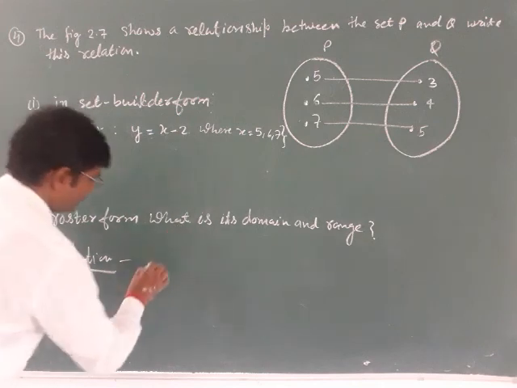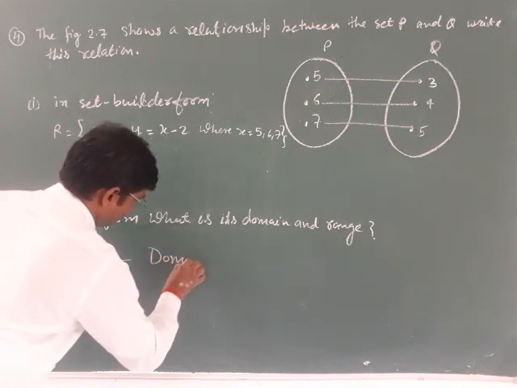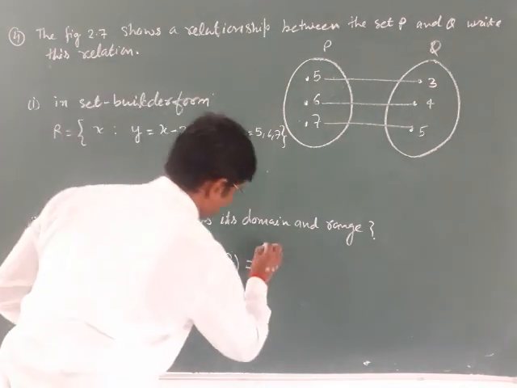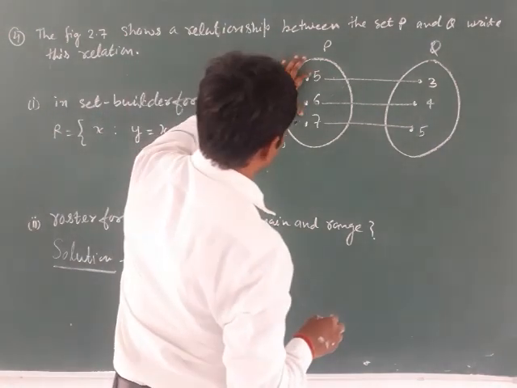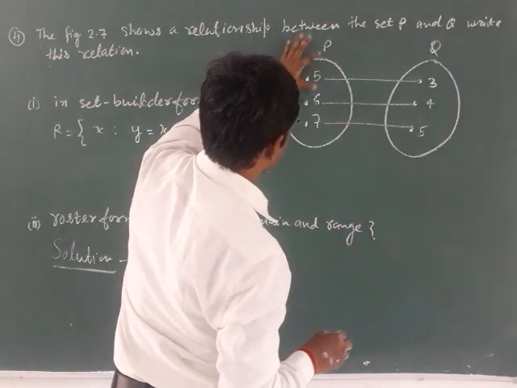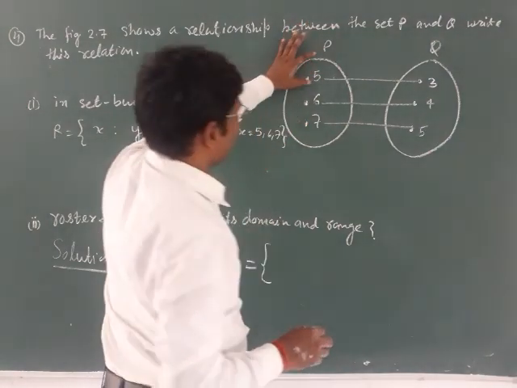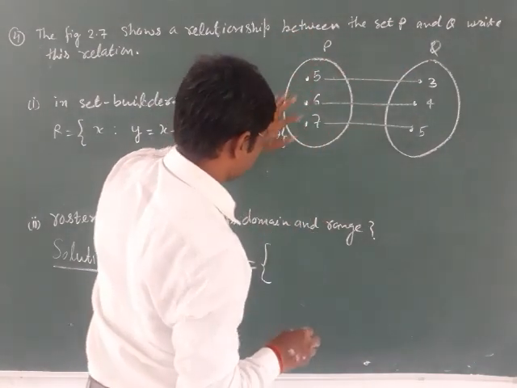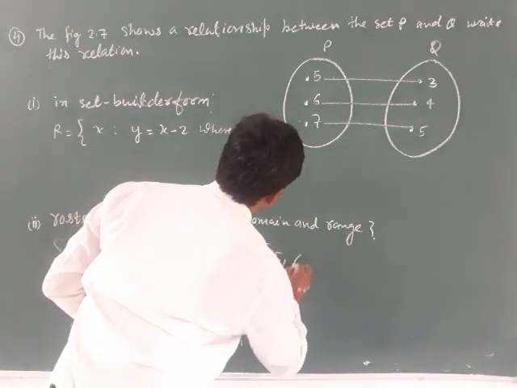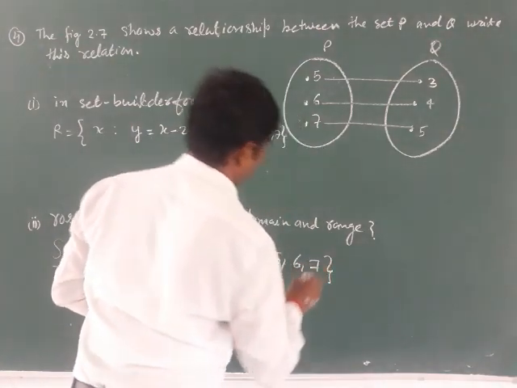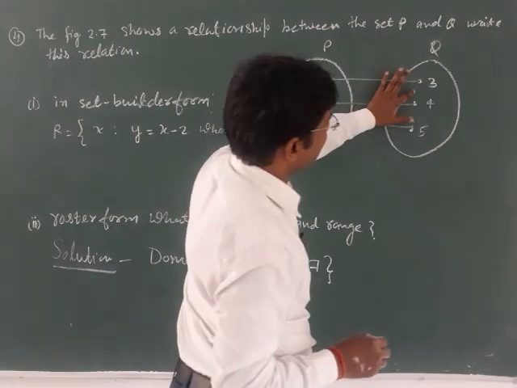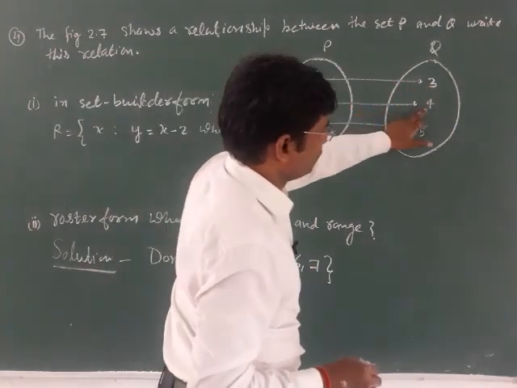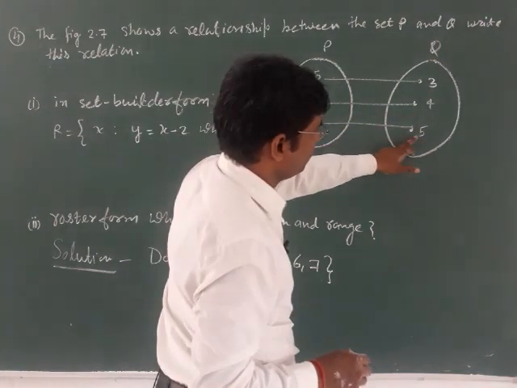The domain of R is the first elements of the set, the elements of set P related to Q. So 5, 6, 7. 5 is related to 3, 6 is related to 4, and 7 is related to 5.